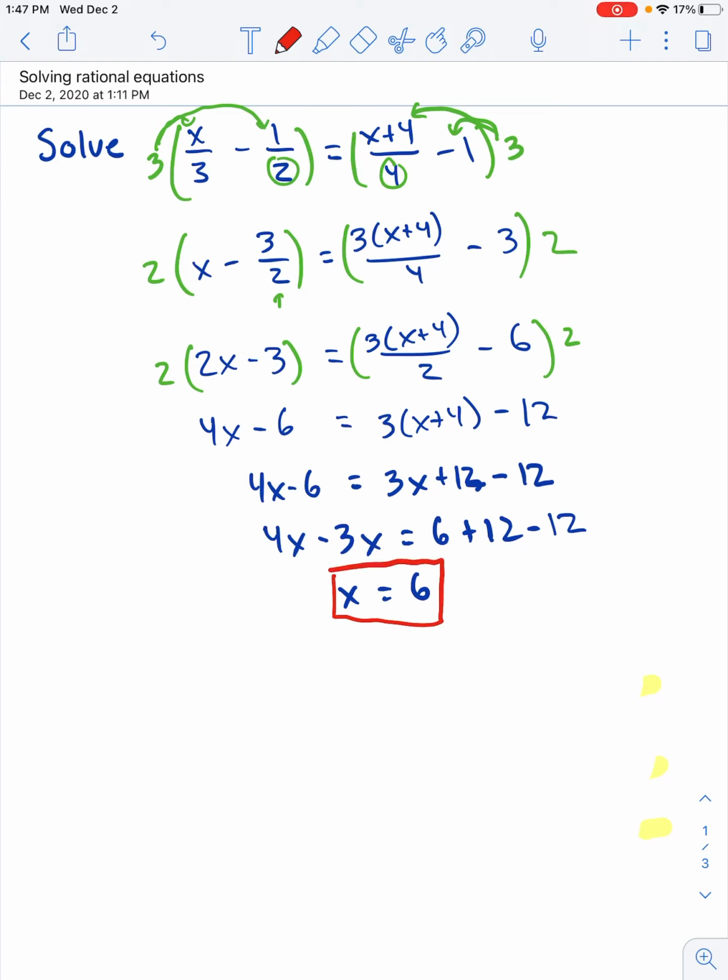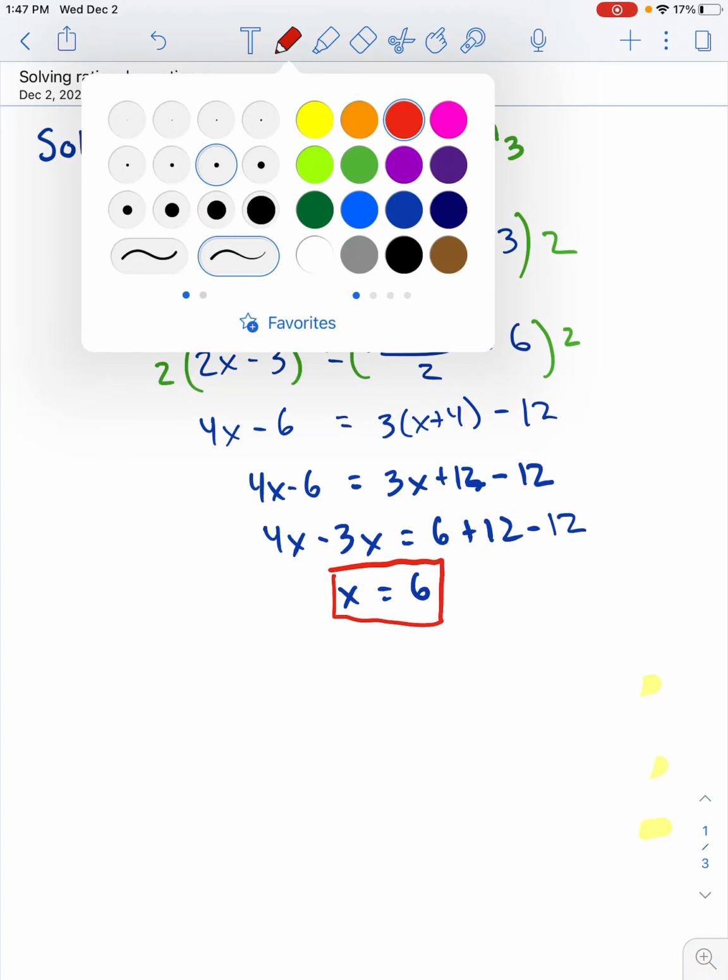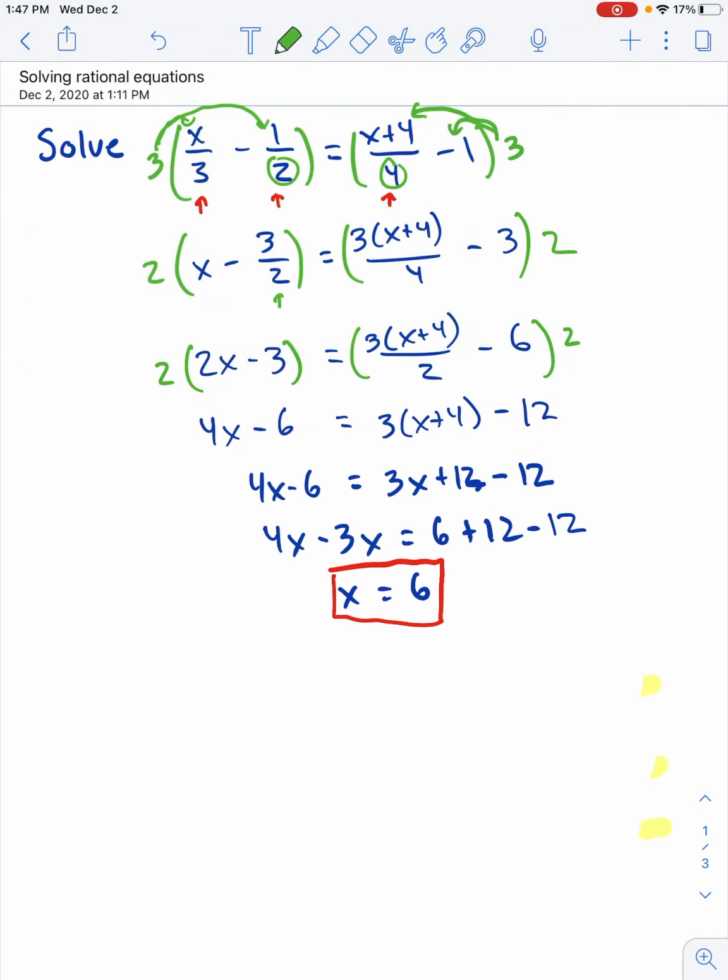Now I could have done this a little bit more quickly by basically looking at my denominators and trying to get rid of them all in one fell swoop. So I did it in 3 different steps. First I got rid of the 3, then I got rid of the 2, then I got rid of the 4. But I could just look for a common multiple of 3, 2, and 4 and multiply by that from the very beginning.